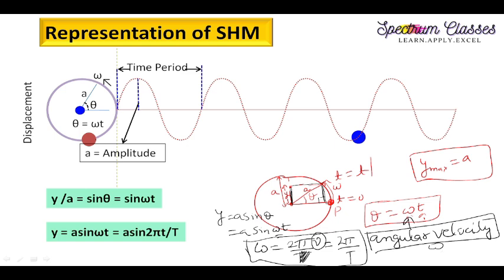What we said is this red point is moving with angular velocity, and this projection which it creates on the vertical axis, this blue point, is moving with the angular frequency, which is the same as its angular velocity. So here is the angular frequency for this blue point.